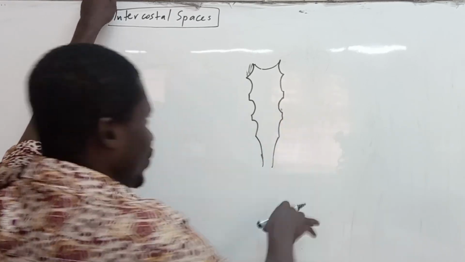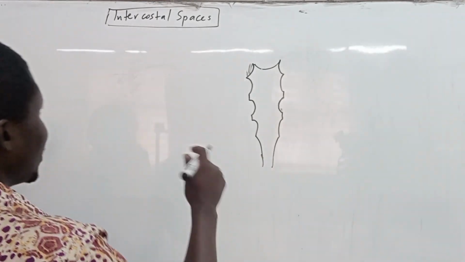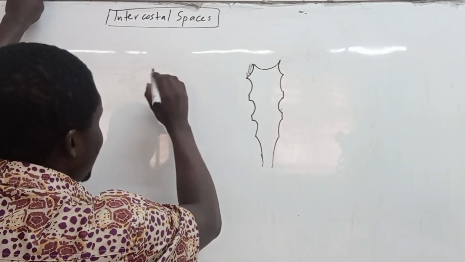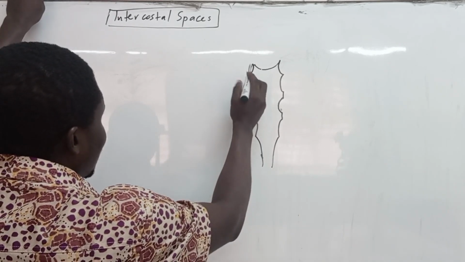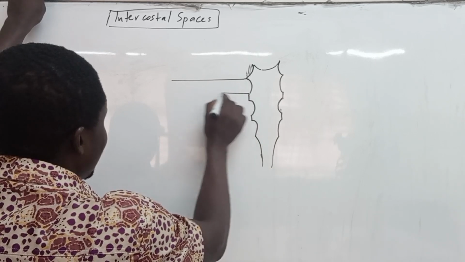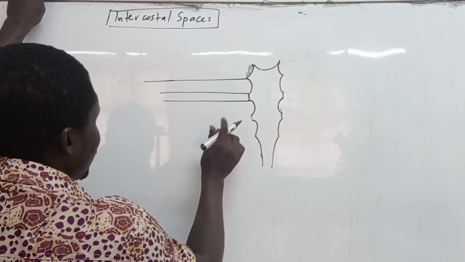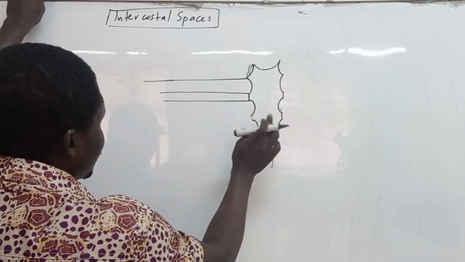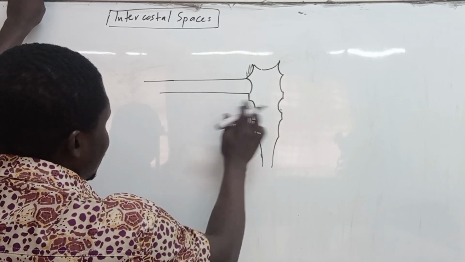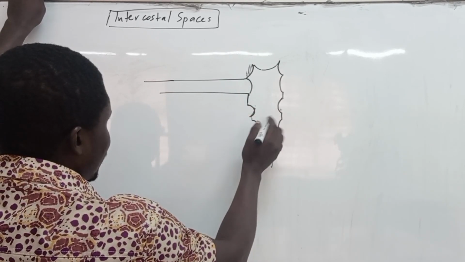I'll come down and draw the other ones later. But for now, look at this. Assuming I have a rib, not necessarily the first rib, let's say I have another rib over here. Let me make this one a bit larger to illustrate something.